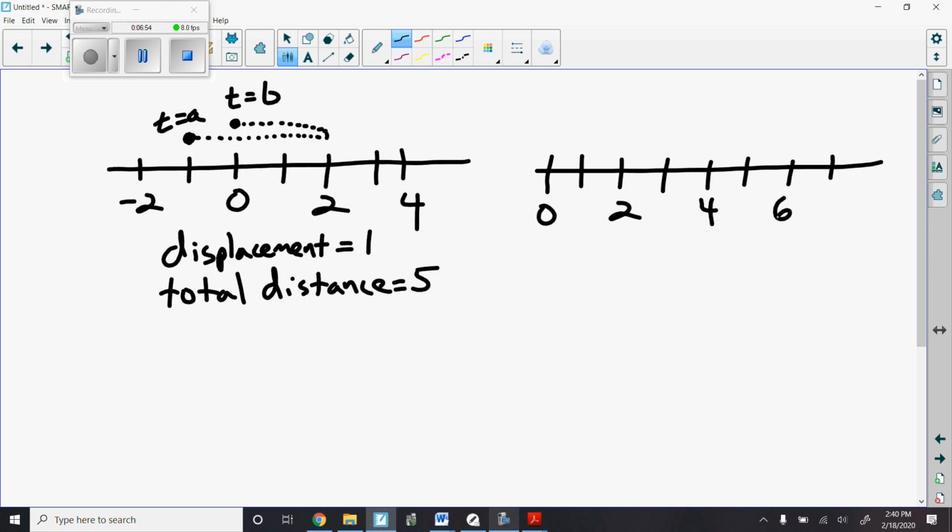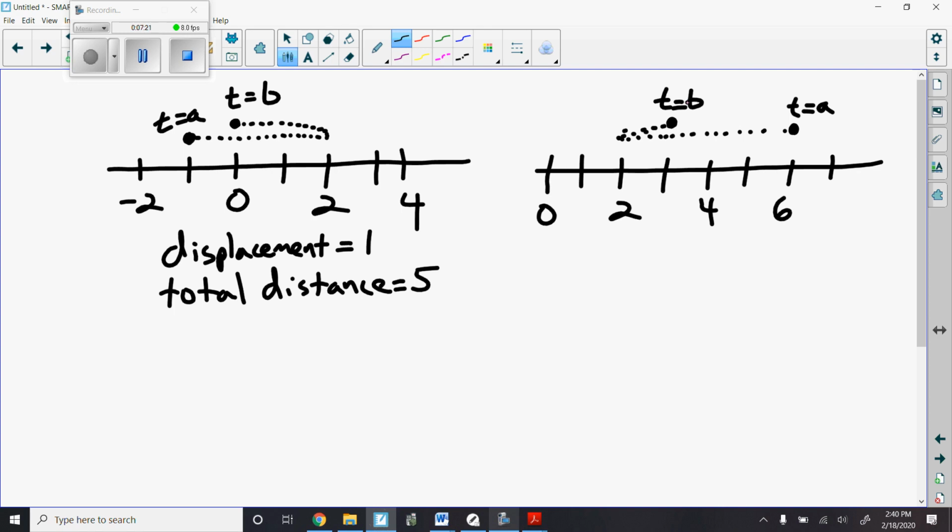Okay, so let's say I start at 6. I go back 1, 2, 3, 4, and then I go forward 1 and I finish here. My total displacement is, where did I start, where did I finish, what's the difference?